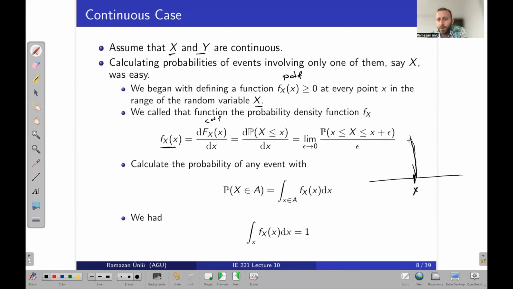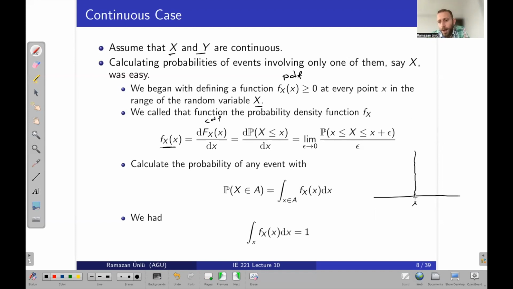I have x, and there is only one single line, so it is not possible to calculate the area of this line.